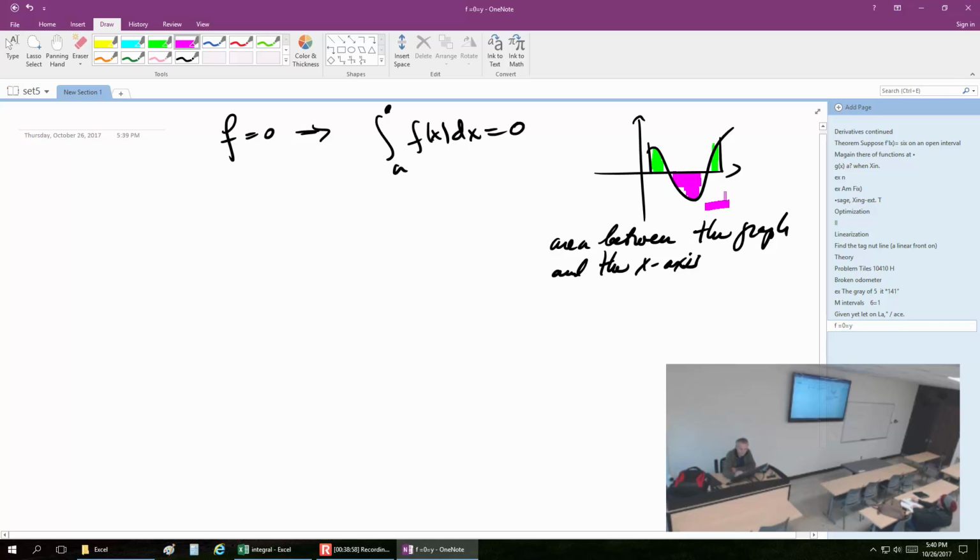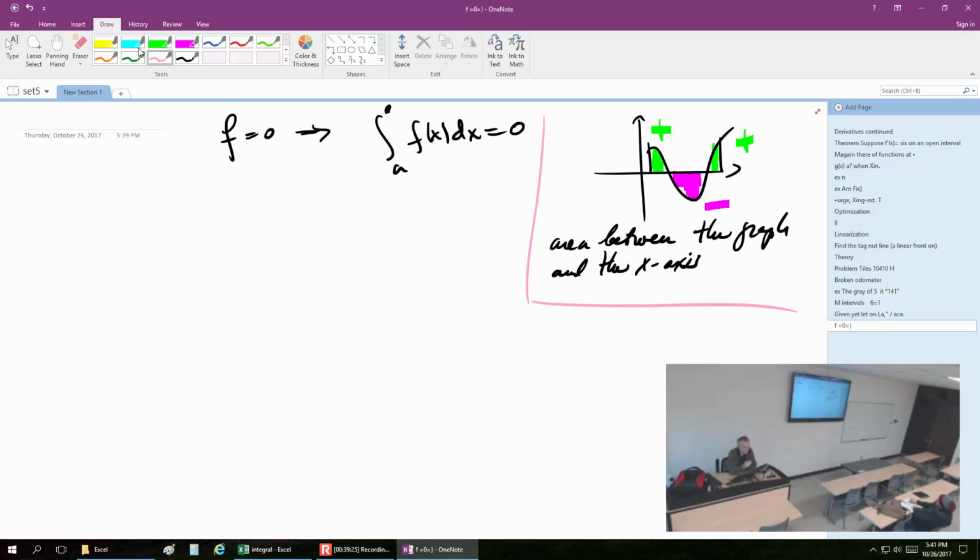So negative, and this one is positive. So when we're computing the area, we add those green parts and subtract the purple ones. So once again, the point I was making is that we're talking about the area between the graph and the x-axis. But either way, if your function coincides with the x-axis, then there is no area there, so the answer is 0.